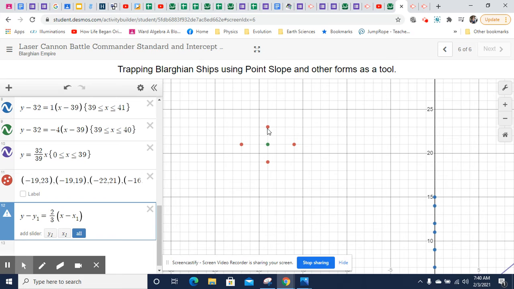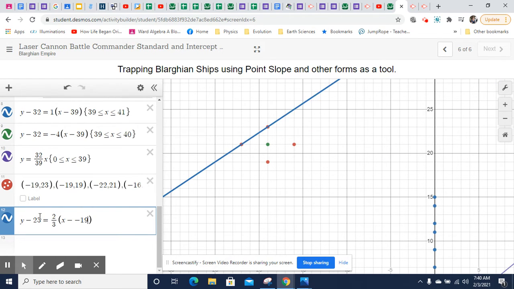And then we just need to pick which point we're going to use. If I pick this one, (-19, 23), 23 is the y1, and negative 19 is the x1. And there I've got my shot. If you don't like the way this looks, since it's subtracting a negative, you could make that plus, and that still works. But if it's useful for you to remember, you can do it like that.